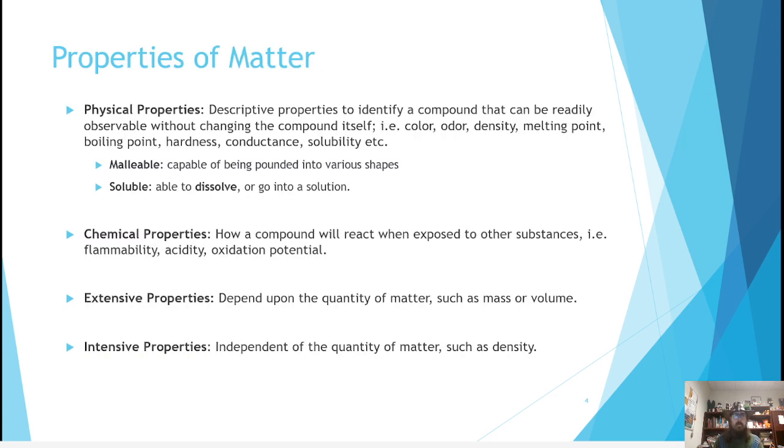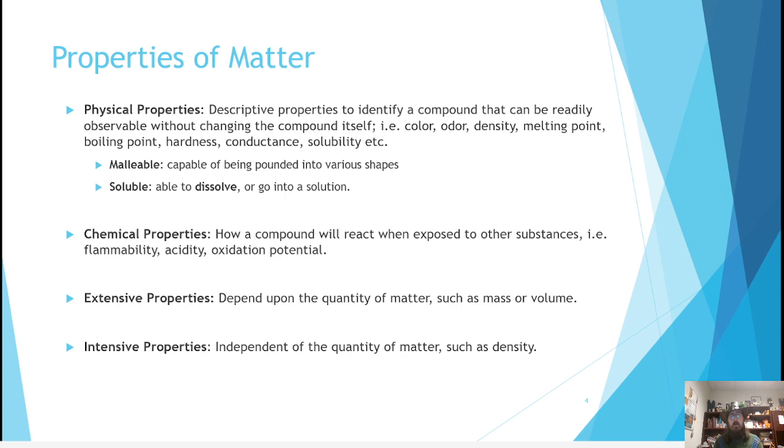Now, when it comes to properties of matter, we can discuss both physical properties and chemical properties, and how those properties change. A physical property is a property that we can use to identify a compound.